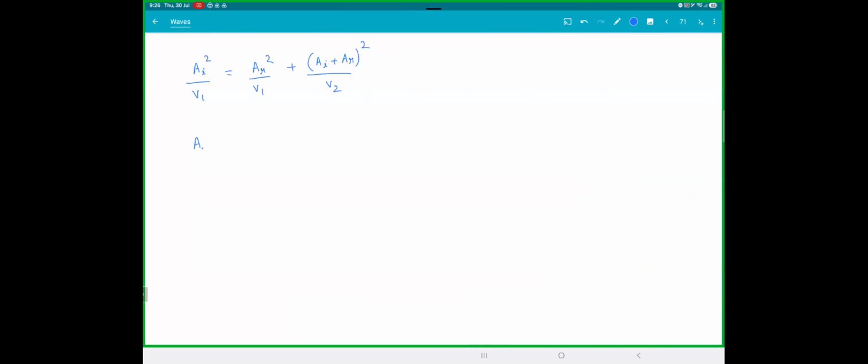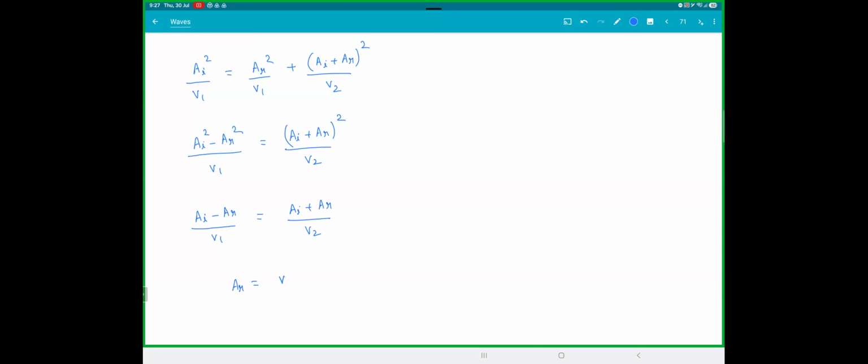Sending it to this side, we get A incident square minus A reflected square by V1 is equal to A incident plus A reflected whole square by V2. This is looking like A plus B into A minus B. So this will be A incident minus A reflected by V1, and this will be A incident plus A reflected by V2. Cross multiply and expand this out.